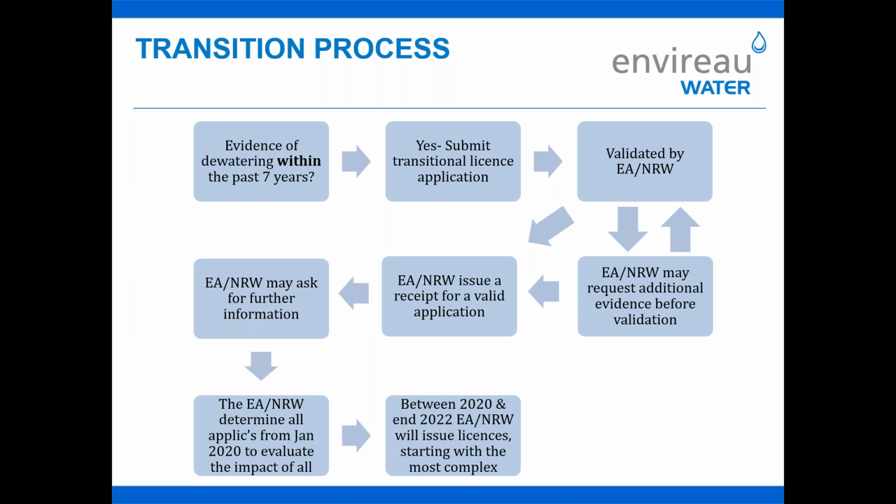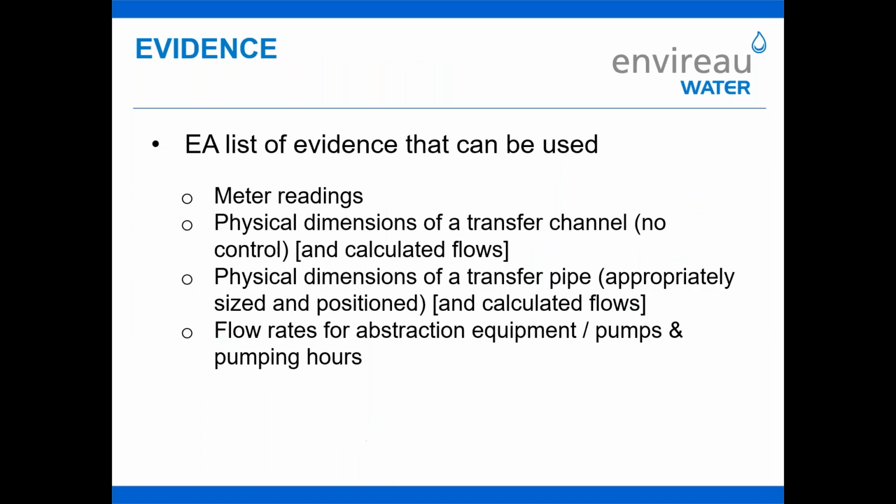That application will be validated by the Environment Agency or Natural Resources Wales. They may, within that process, ask for some additional information, requests for further information to help them do their job. Once that's done, they will issue a receipt for the valid application. Everybody goes to sleep. At some point then, after 2020, they may ask for a bit more information and then go through the determination process.